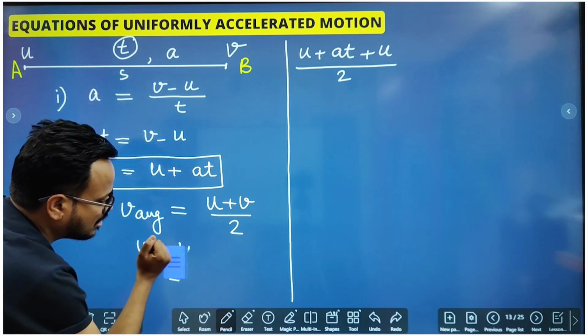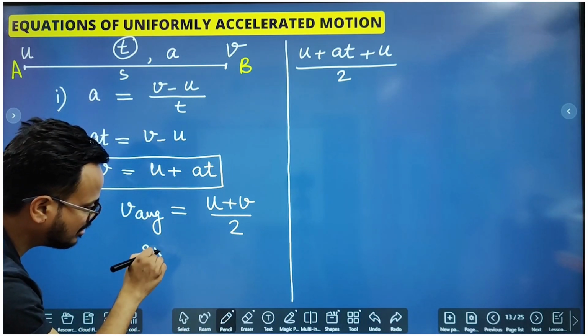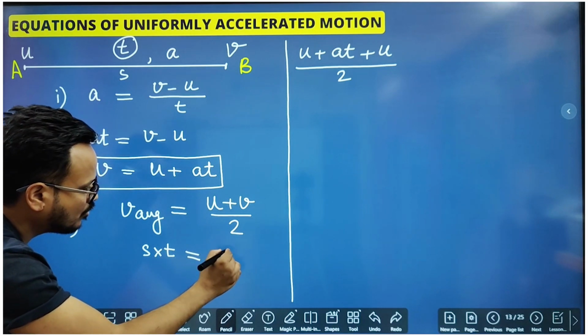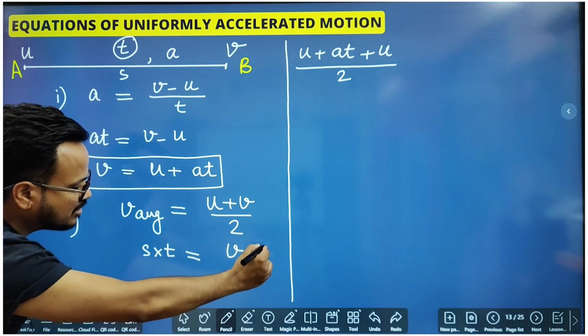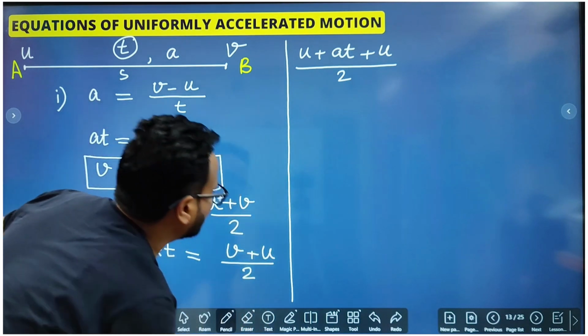So let's write s by t here. s by t equal to v plus u divided by 2.